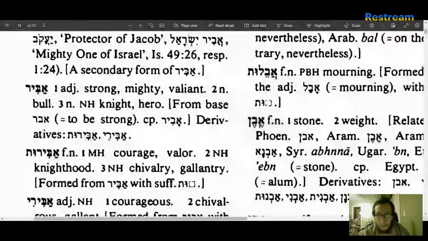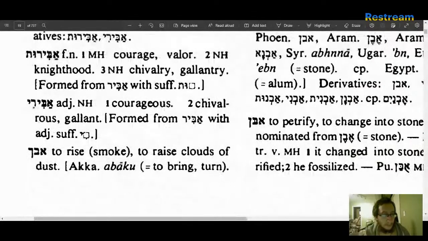So let's see. The comprehensive dictionary. We have abak is to rise, related to Akkadian abaku, to bring or turn.